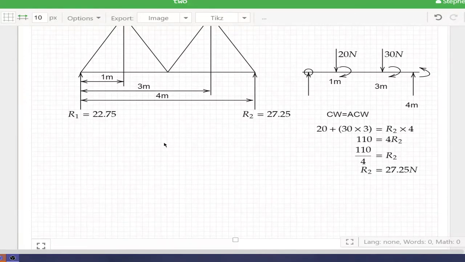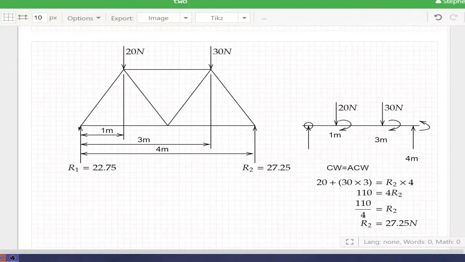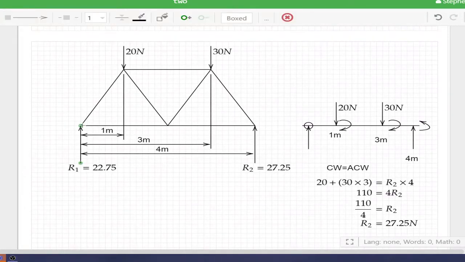And our next step then is, as always, to zoom in on a joint. And we can only tackle a joint that has 3 or less things we don't know. And so the only place we can start is at the R1 joint or the R2 joint, because these are the only places where we know 2 things or less.